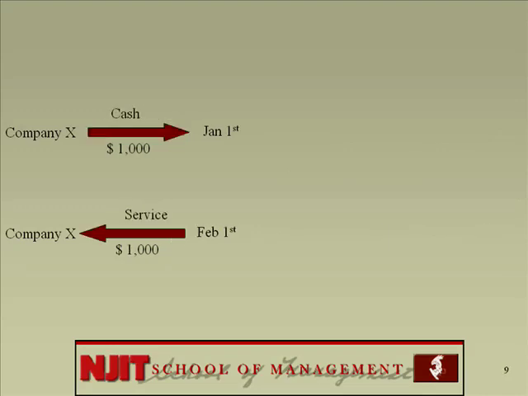Look at the next diagram. Do you know the difference between this diagram and the previous diagram? Just go back for 30 seconds and look at the previous diagram. Can you see the difference?